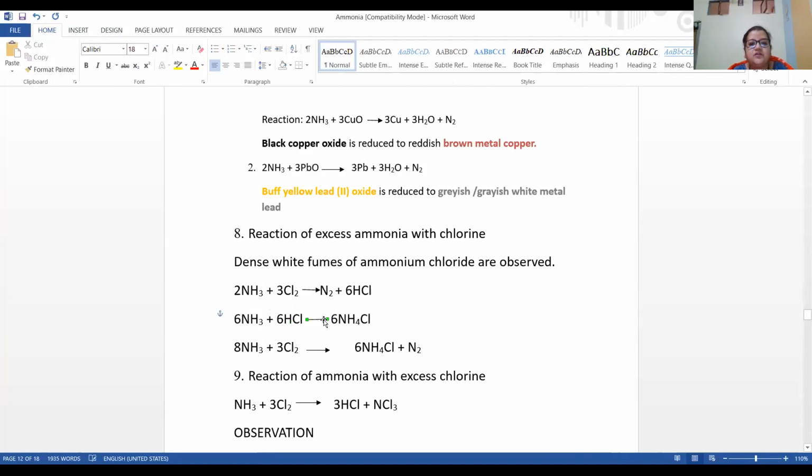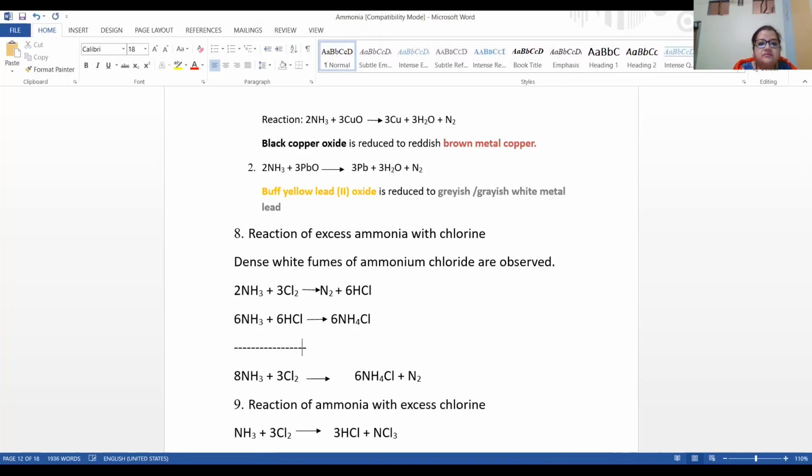Why? Because you need to add up now both the reactions. When you add up both the equations, what are you going to get? You'll get 8 ammonia over here, then 3 chlorine. What happens to this?